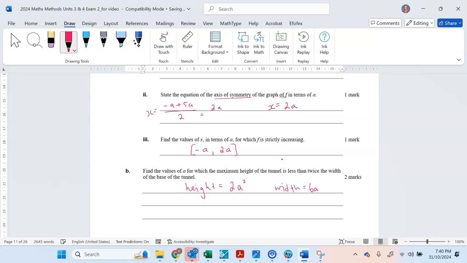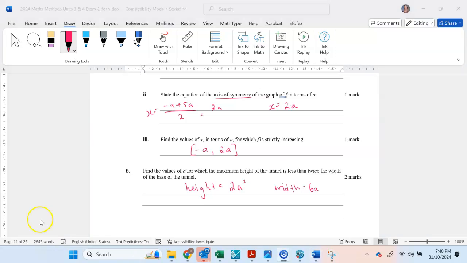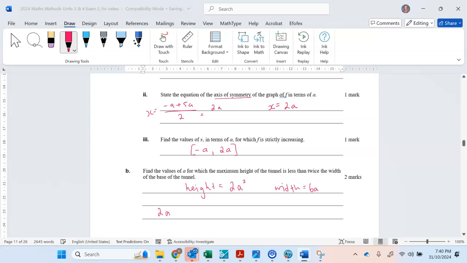All right, so find the values of A for which the maximum height of the tunnel is less than twice the width. So 2a squared is less than twice the width, so 2 times 6a, so 12a.